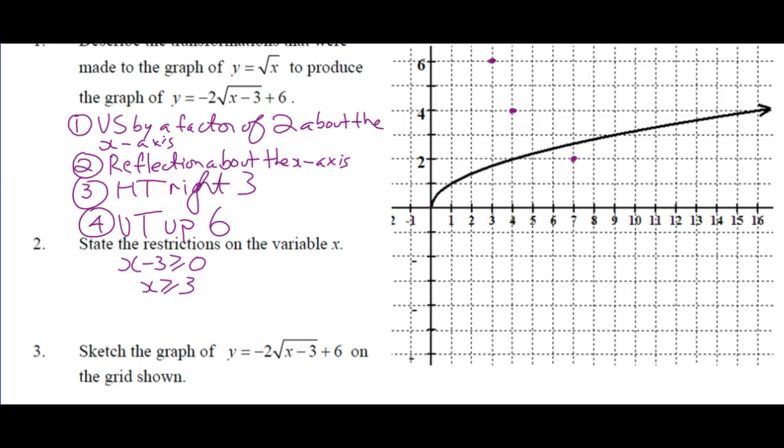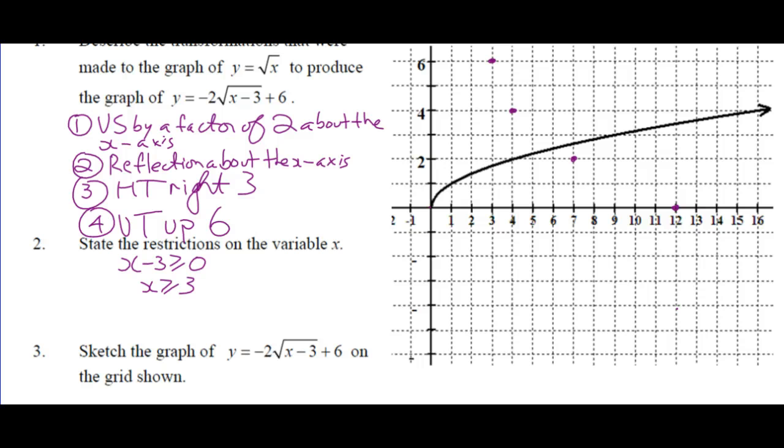Negative 6. And okay, this one I've got to do without plotting the point, but 16, 4 becomes, well, I can't move that right 3, so.